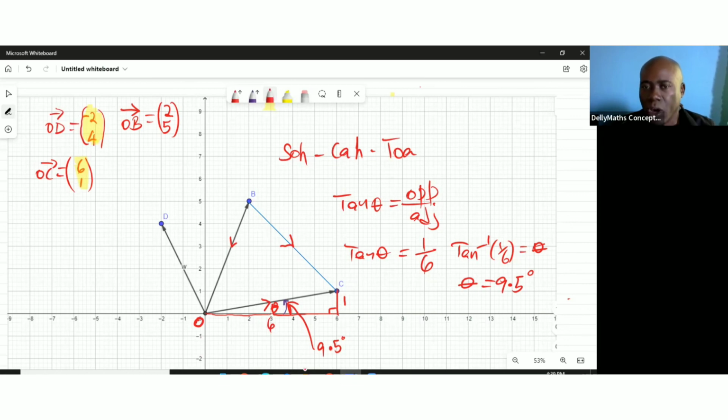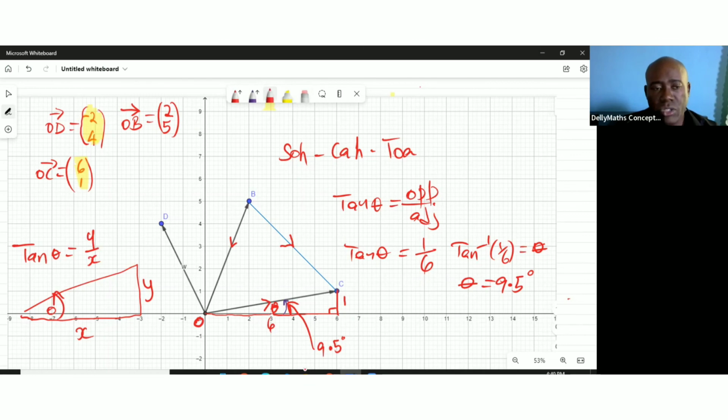So technically, for a general formula, let's just pull it aside a little bit. All right, so we had an idea like this, and I had 6 and I had 1. So what we're saying is, basically, where the 6 is, this is my x value, and this is the y value. So for a general formula, the angle that we're looking for is going to be y over x.